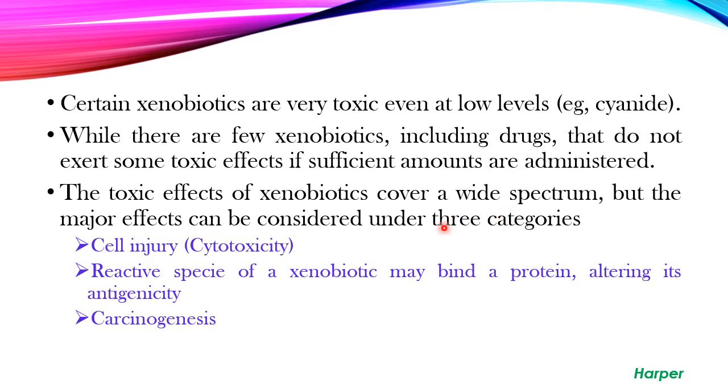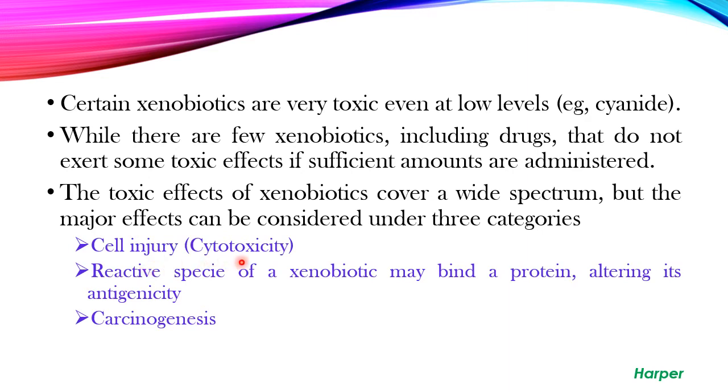So today we are going to see only the major or key effects associated with toxic xenobiotics on the body. For example, toxic xenobiotics can impart cellular injury, which is called cytotoxicity.